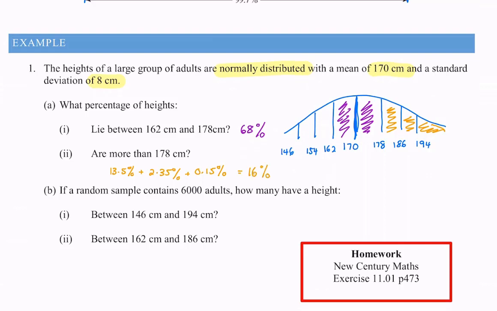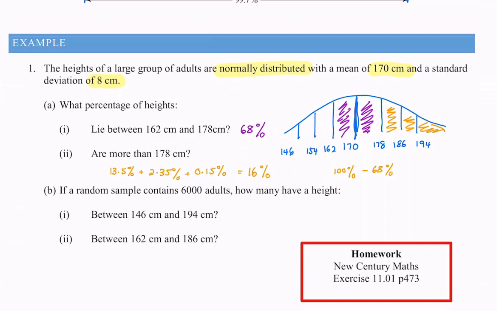Another way we could have done this is to think about the whole curve being 100% and subtract off that 68%. That would have given me everything above one standard deviation and everything below one standard deviation.